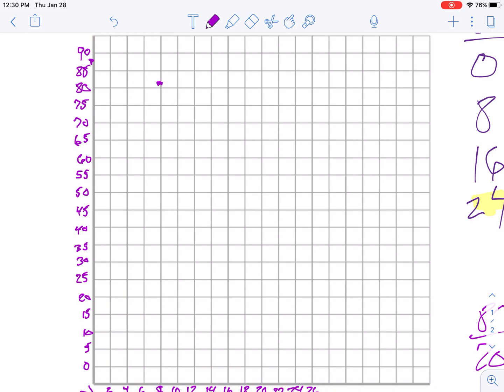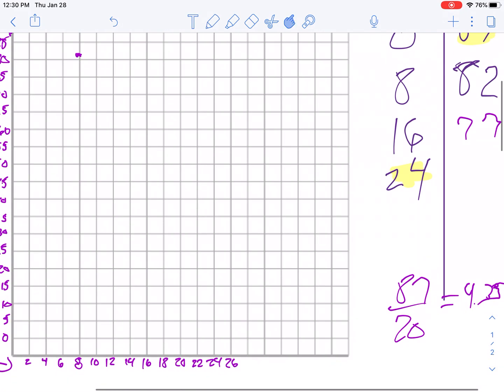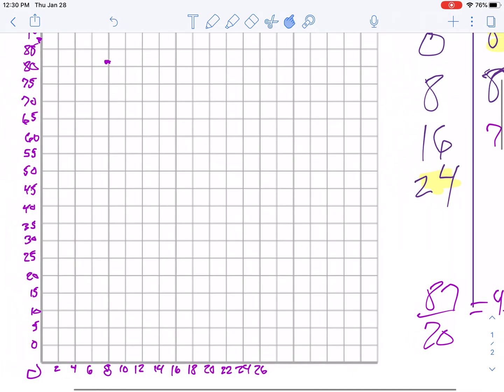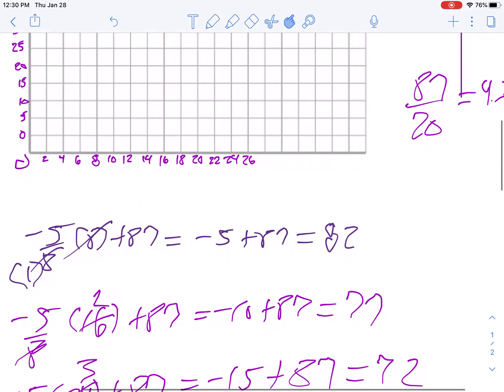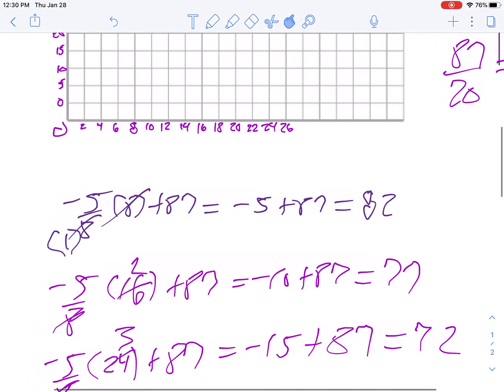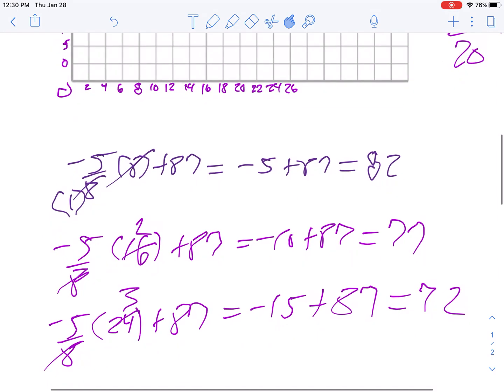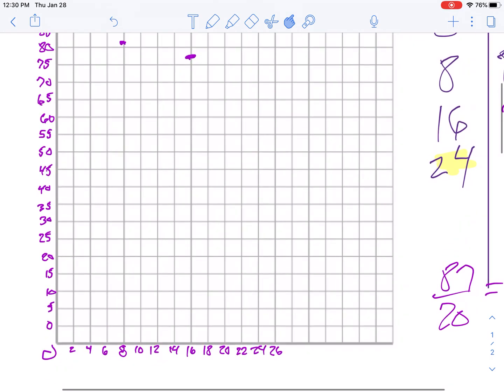And then we'll do 16 and 77, which should be right in the middle there. And then 24 and 72.